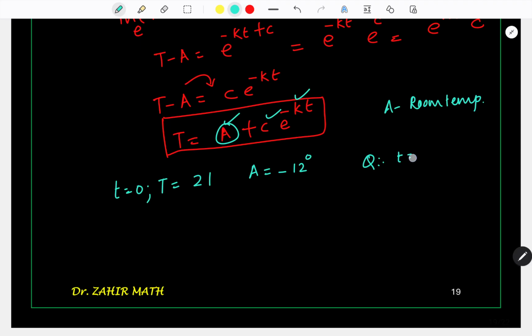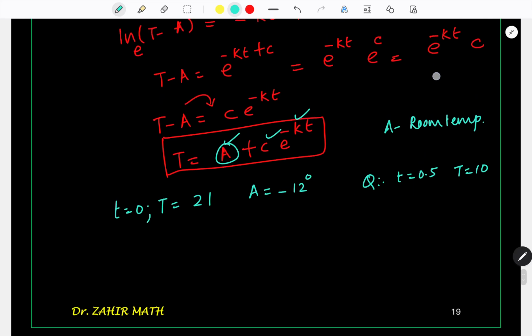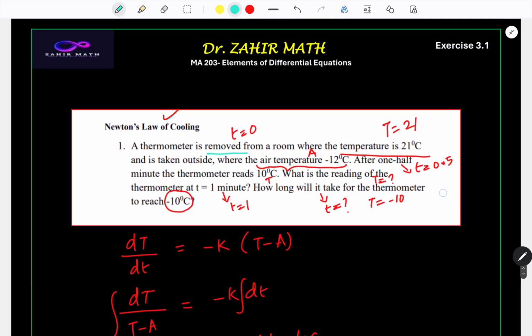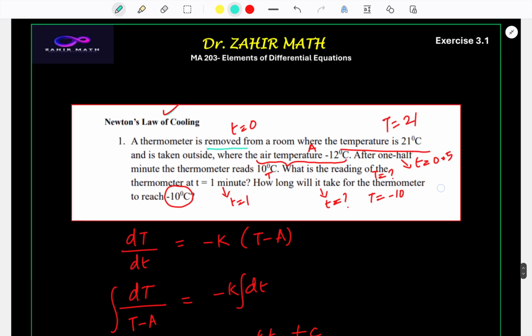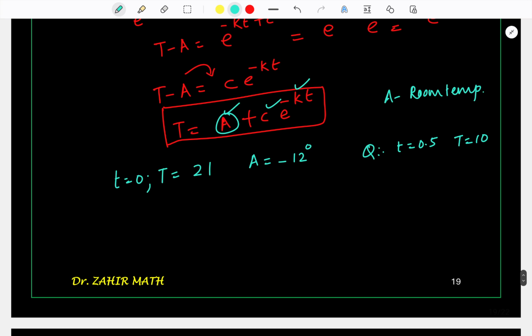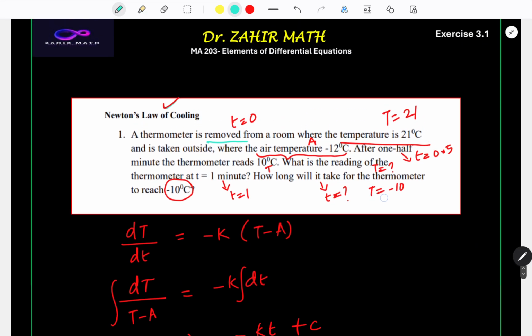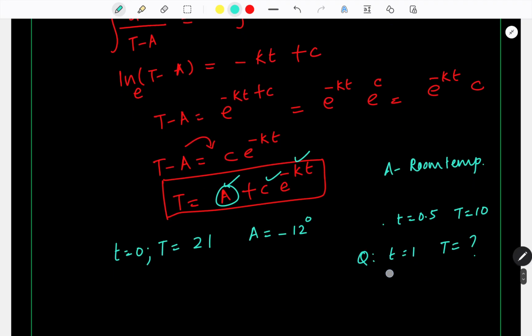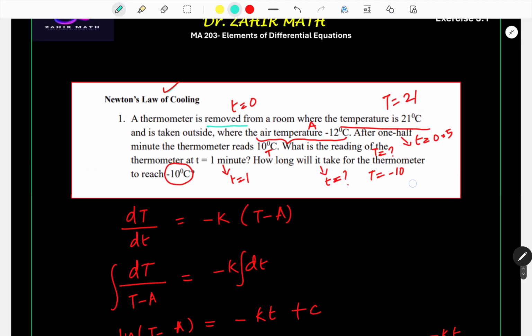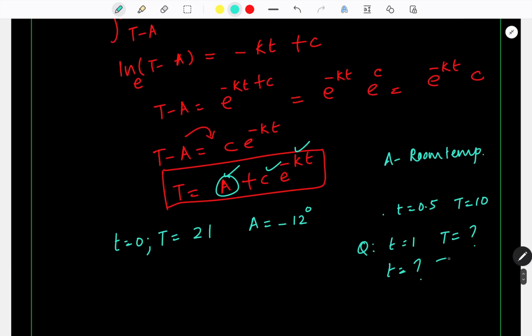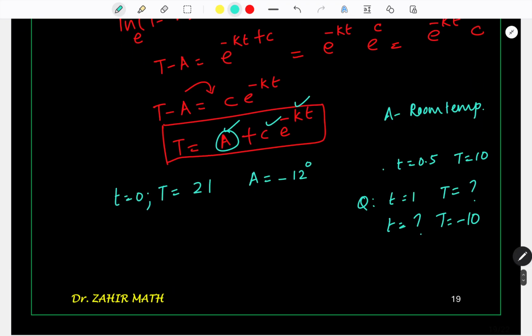The first: t is equal to 0.5, after half minute the temperature is equal to 10. Then at t is equal to 1, capital T is equal to question mark. The next is how long will it take for the thermometer to reach minus 10? So t is equal to question mark, capital T is equal to minus 10. These are the situations.